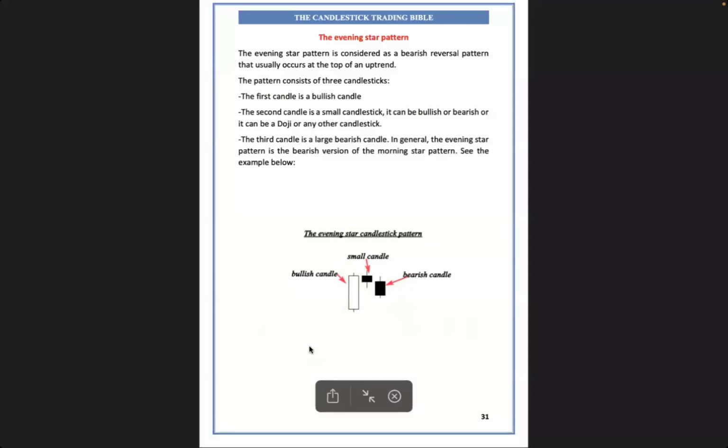When the market is going up, obviously you'd have bullish candles here, here, here, all the way through to here. And then what happens is the buyers are losing momentum and the sellers are gaining. That's what caused the second candle here to have a small body, because usually neither is able to push the price far from the open.